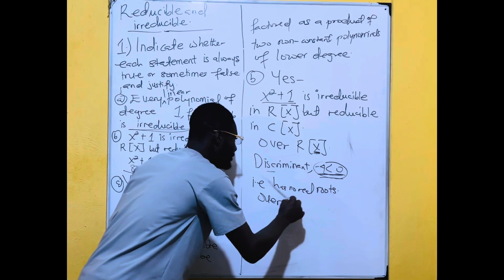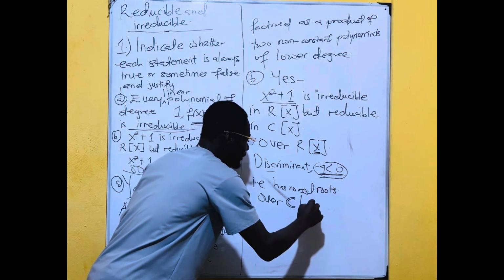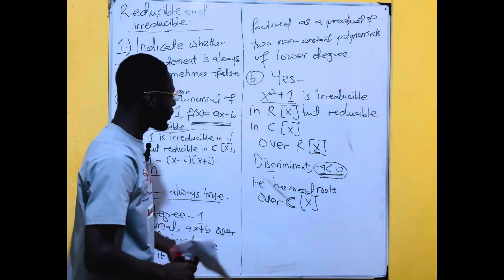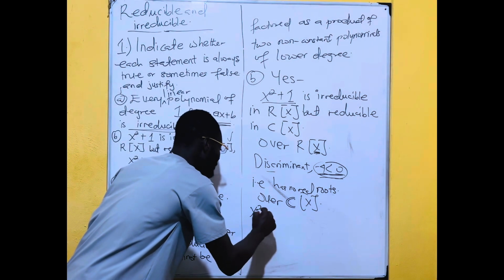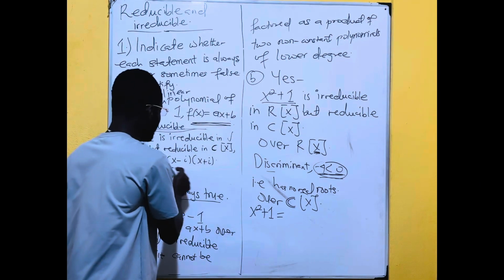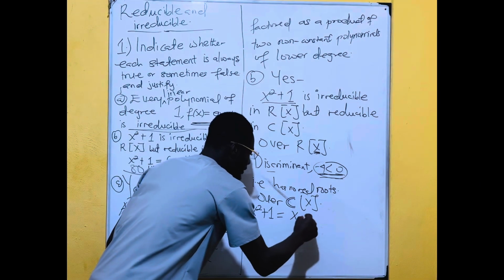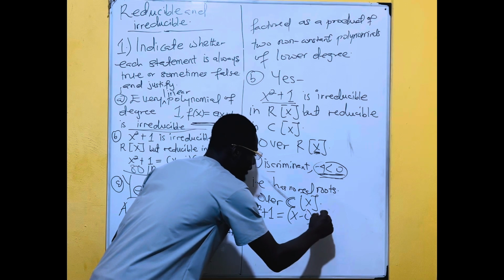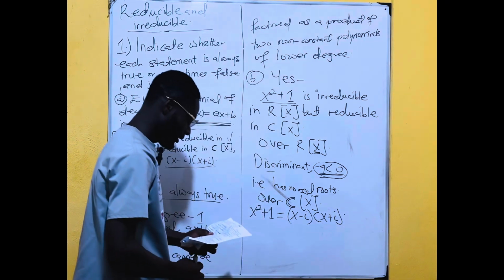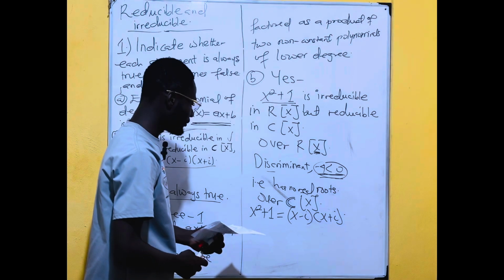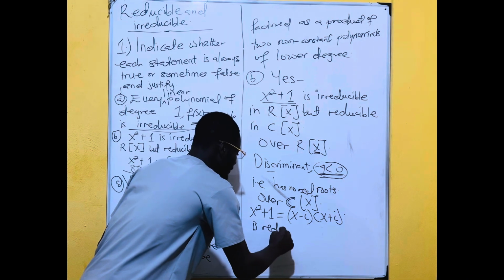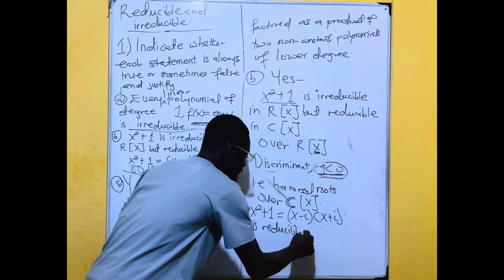complex, x squared plus 1 equals (x minus i)(x plus i), so it is reducible.